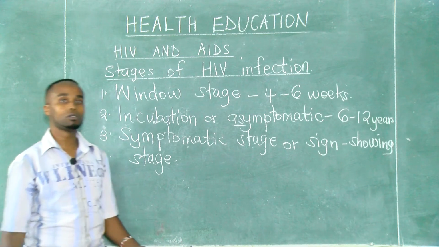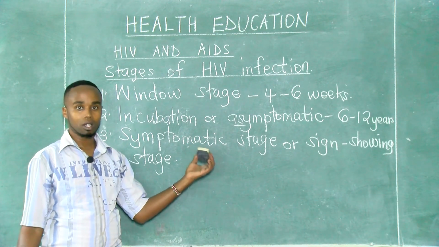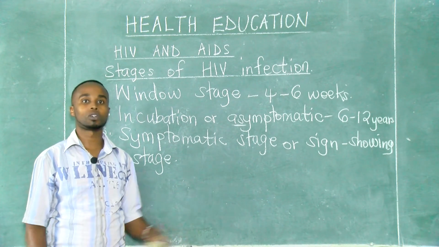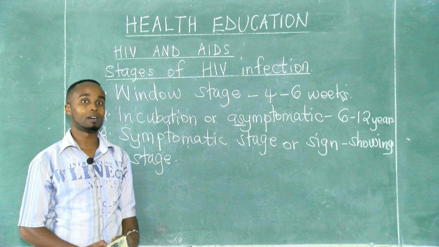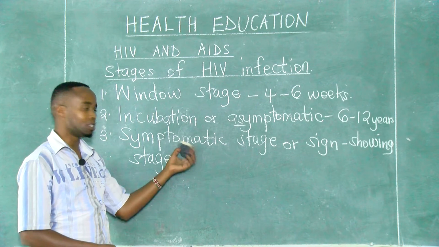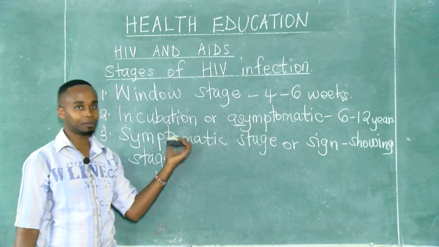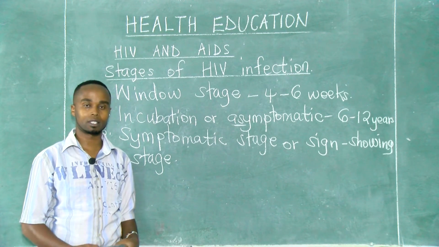I'll give you some examples of the signs and symptoms that are visible in a person who is suffering from HIV and AIDS. But these signs are only visible after that person is in the third stage. In the first and the second stage, you don't have those signs and symptoms.